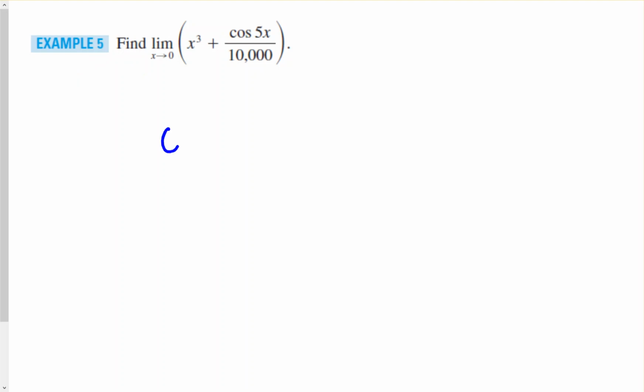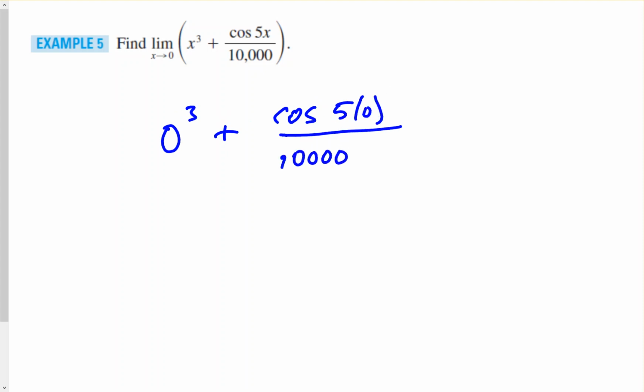We would have 0 cubed plus cosine of 5 times 0 over 10,000. 0 cubed is 0. Now 5 times 0 is 0. Cosine of 0 would be 1. So we have 1 over 10,000. And that would be the limit of this function.